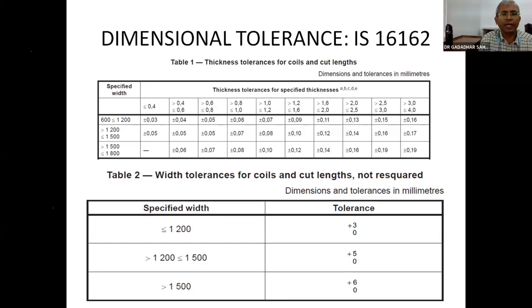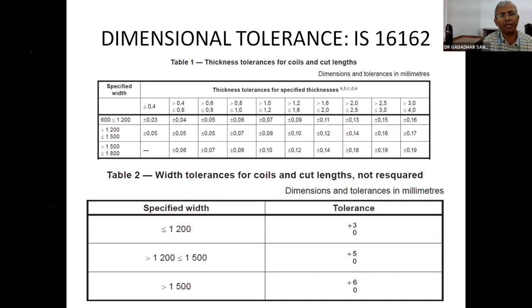Okay, then dimensional tolerance. You will see dimensional plus minus 0.03 in the thickness. It depends on the different width. Corresponding to different width and thickness, the dimensional tolerance varies. Though we try to give as close as possible, this is the specification design.